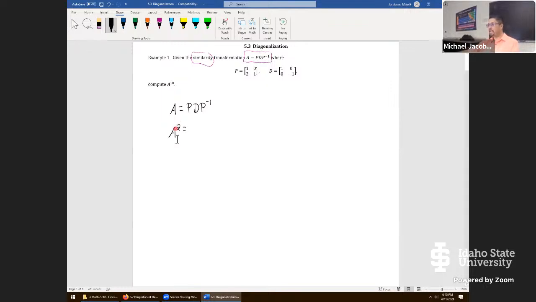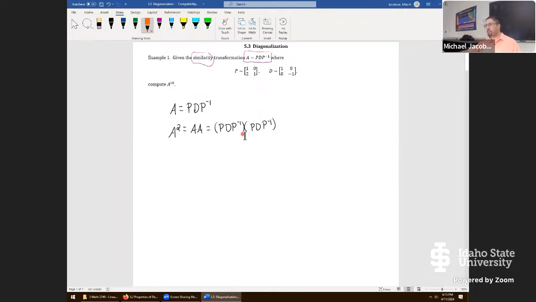So for example, A squared, if we try to break this down, it factors as A times A. But A is P times D times P inverse. So we get to write that twice. P times D times P inverse. My parentheses are just for showing the substitution of changing A into its similarity transformation.